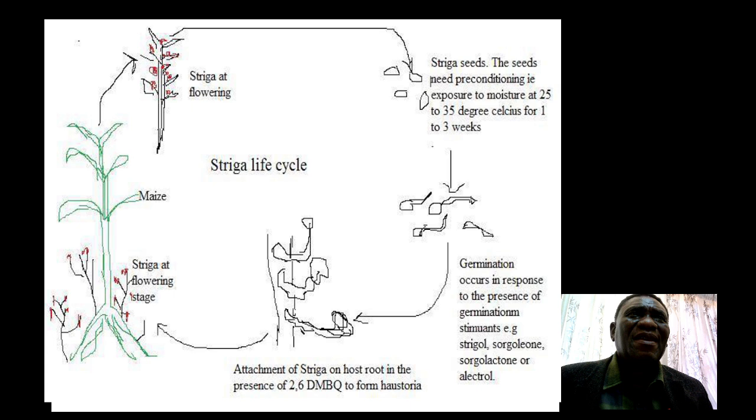Then we put a variety which doesn't produce what these parasite seeds need. Or we can cause problems for the striga here by finding varieties which do not allow penetration to take place.